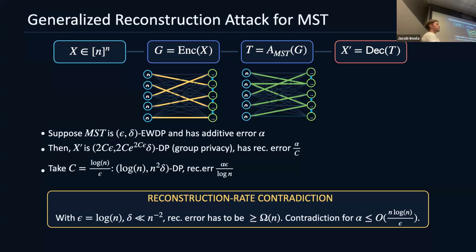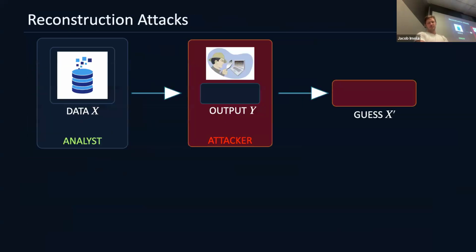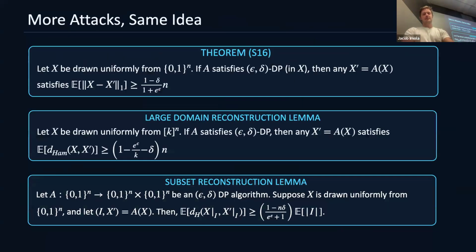Yeah. So with a larger C, the reconstruction lower bound would say, hey, you can reconstruct a lot. I should have put that bound here. Let me go back. The second lower bound has a 1 minus e to the epsilon over n, we're using n now, minus delta. So it's saying you can take epsilon up to log n, and you're going to get a linear lower bound. And actually, if you take epsilon like a constant, then you're extremely close to, well, what am I trying to say?